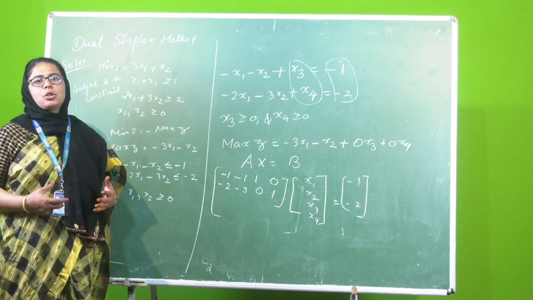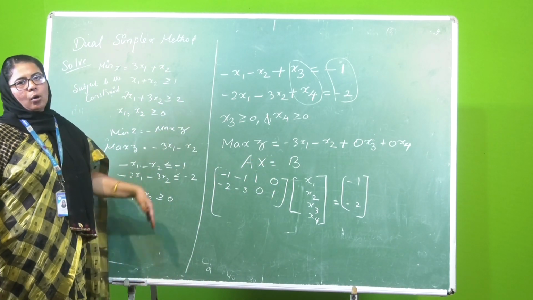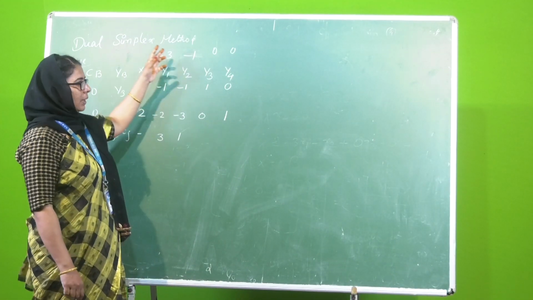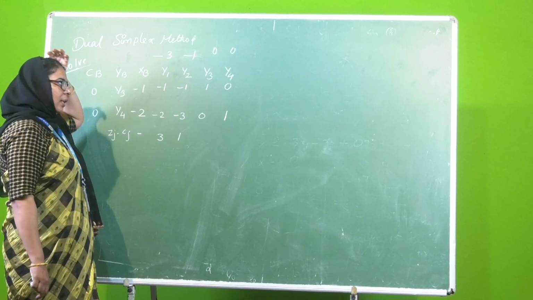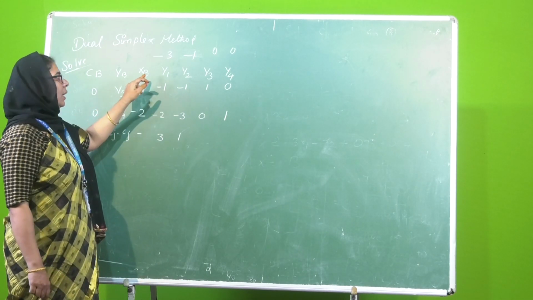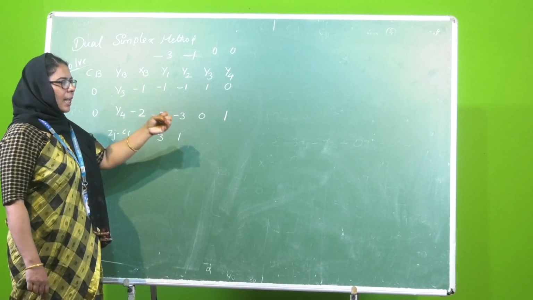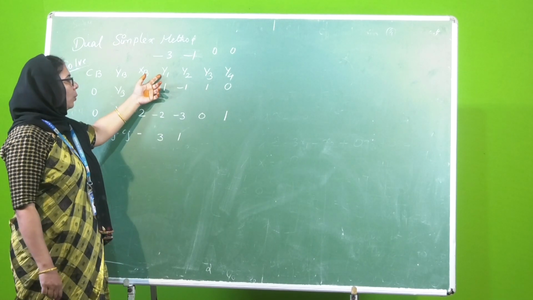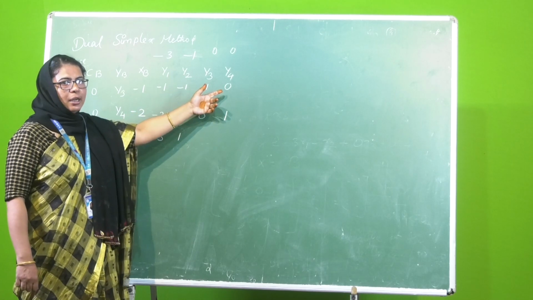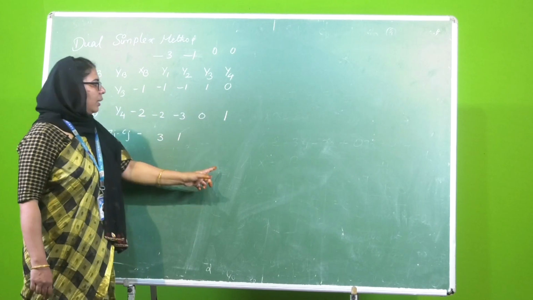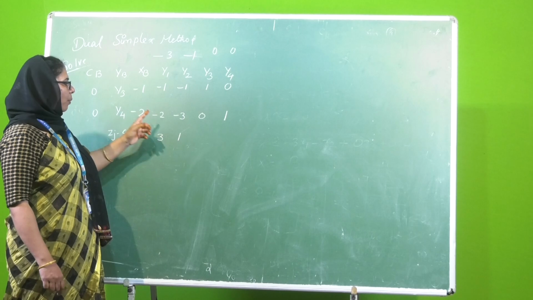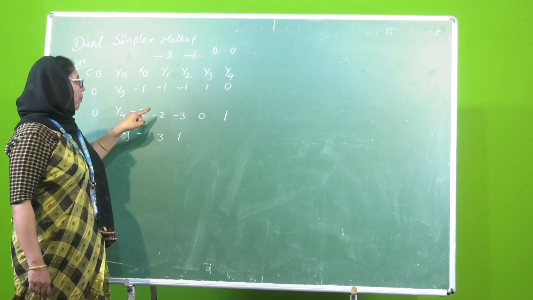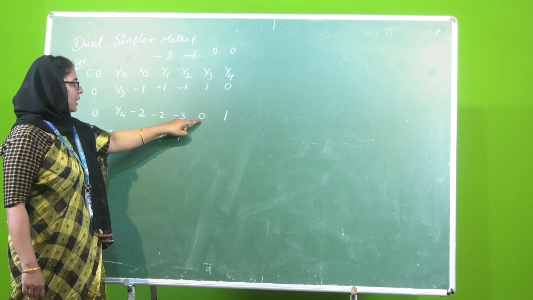Now we will solve the problem in a tabular column. We apply all the values in this iterative method, that is CB, YB, XB. How many variables are there? X1, X2, X3, X4. We convert them into Y1, Y2, Y3 and Y4. And the A value, in matrix form, is minus 1, minus 1, 1, 0; minus 2, minus 3, 0, 1.